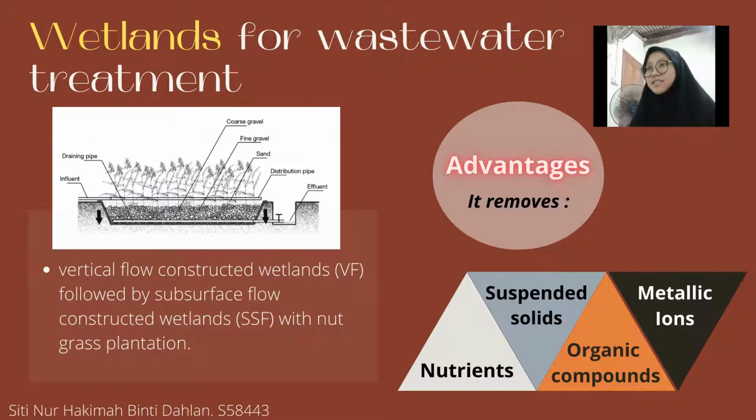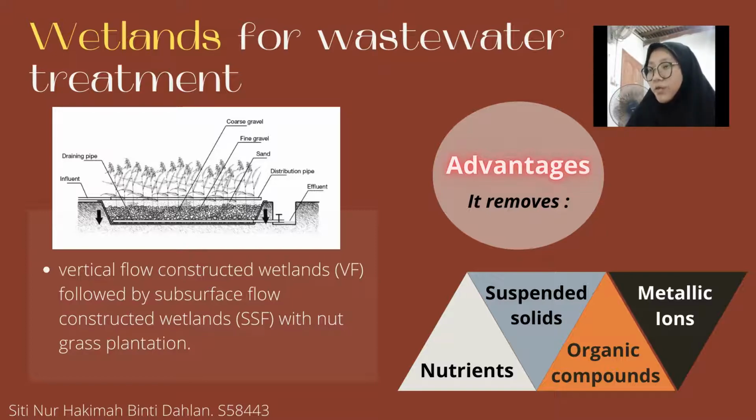The last one is the construction of wetlands for wastewater treatment. This is known as a natural process. This system consists of vertical flow constructed wetlands followed by subsurface flow constructed wetlands with nut grass plantation. This picture gives us an example of the wetlands construction.